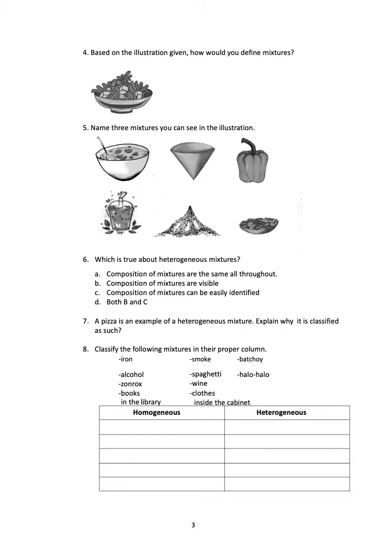Ilalagay nyo, for example, si alcohol, saan mo ba ilalagay? Is it homogeneous or heterogeneous? Si iron, saan mo ba ilalagay? Sa homogeneous ba o sa heterogeneous? And so on and so forth. Nandiyan na yung mga different kinds or different examples of mixtures.